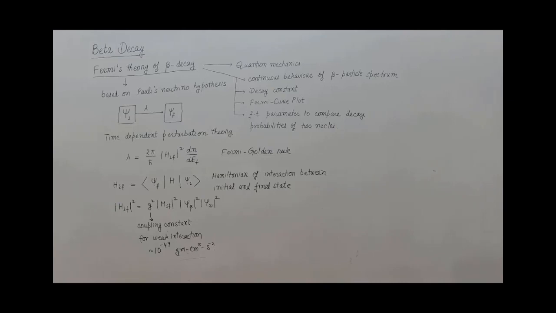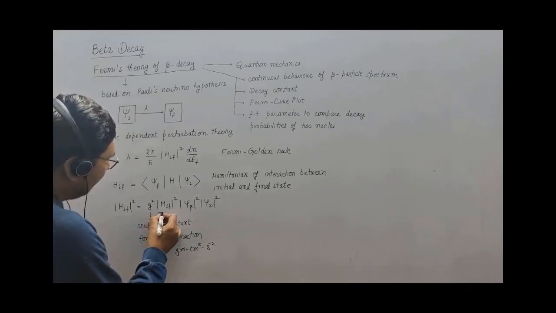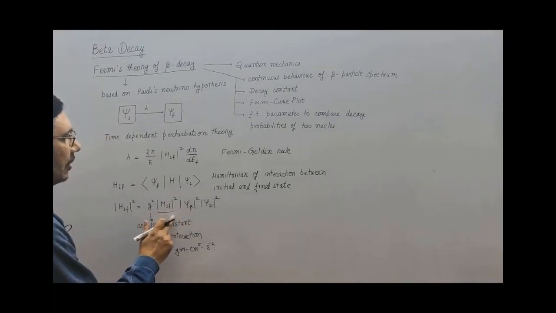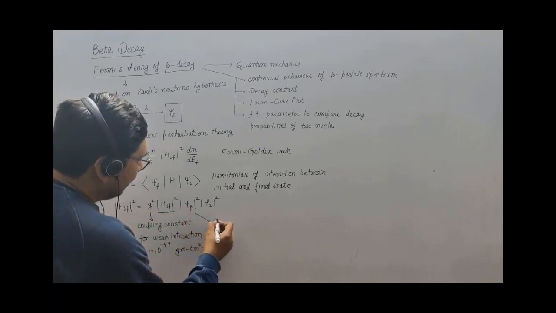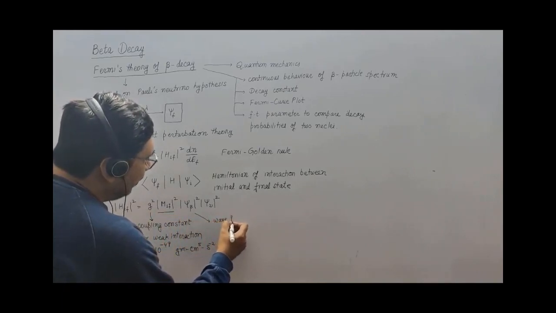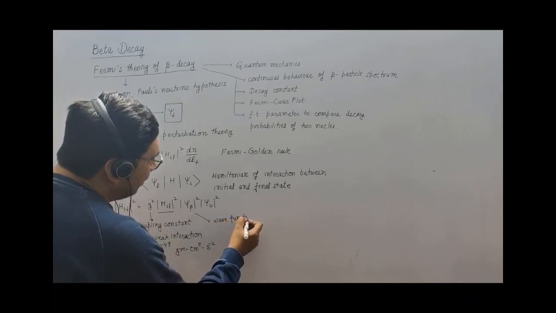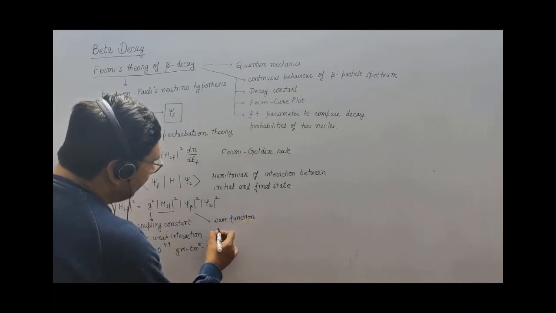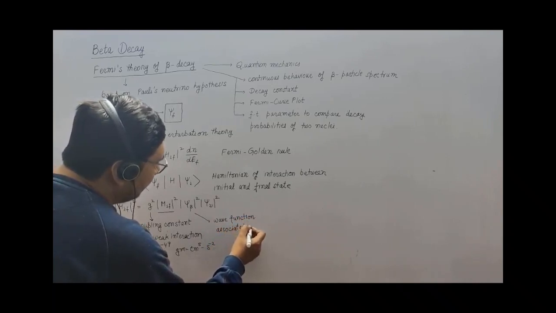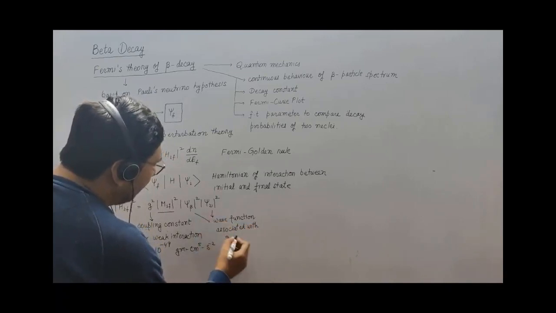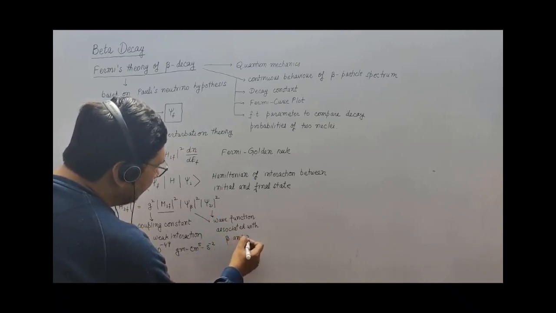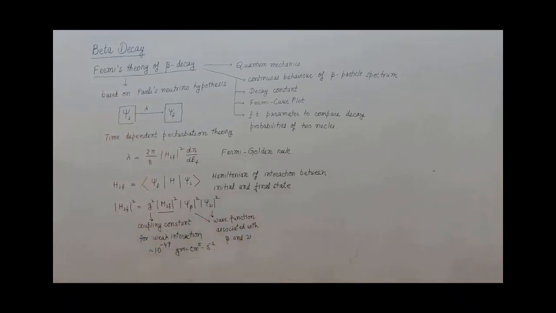This psi beta is the wave function associated with the beta particle, or you can say with beta and neutrino.